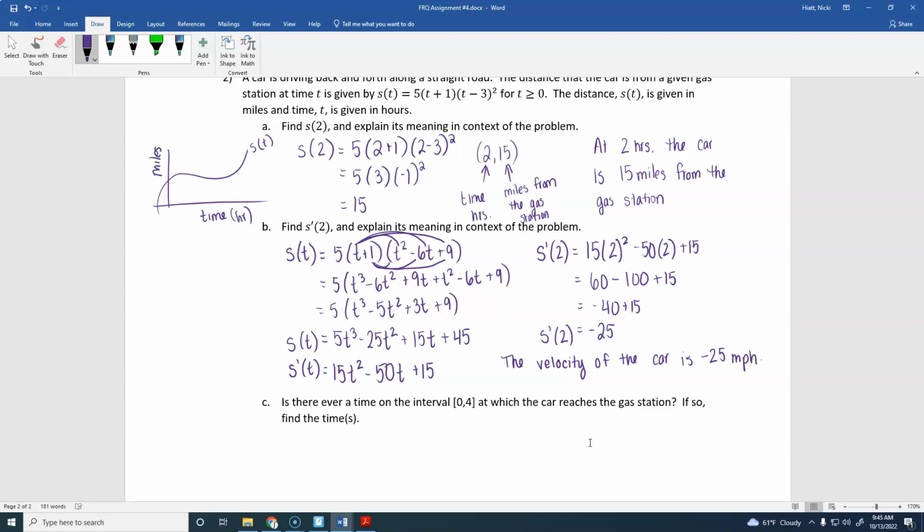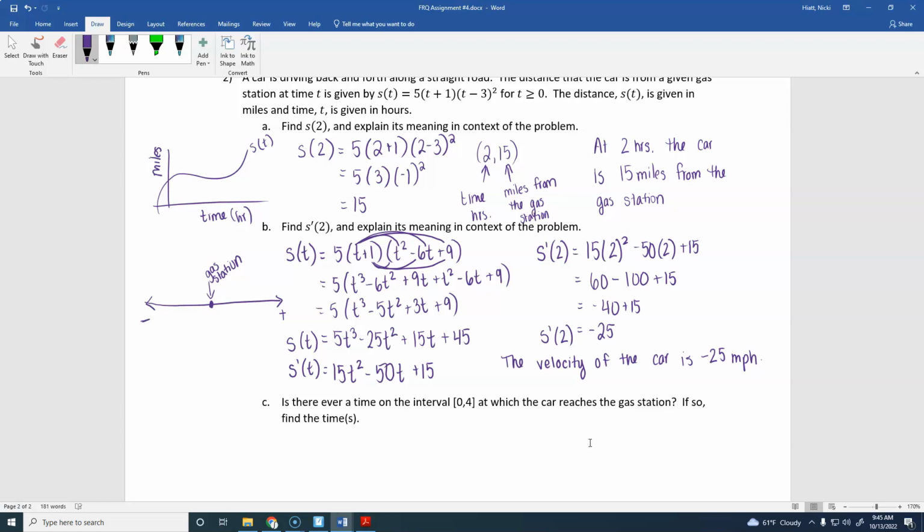What does it mean for velocity to be negative? Opposite direction. So in this particular case, we just know we've got a straight road, and our reference point is our gas station. You could sort of think of positive being right or left.